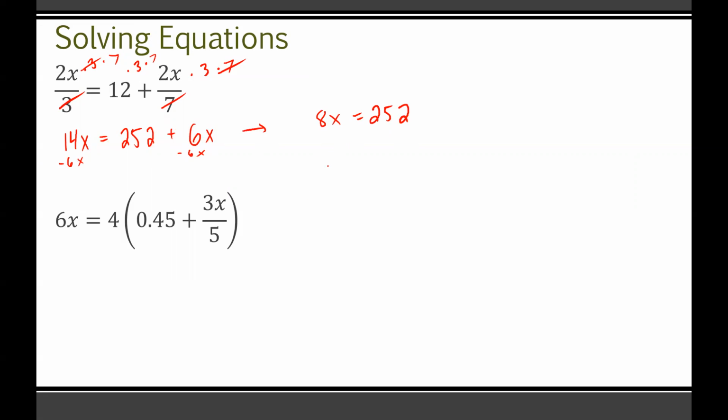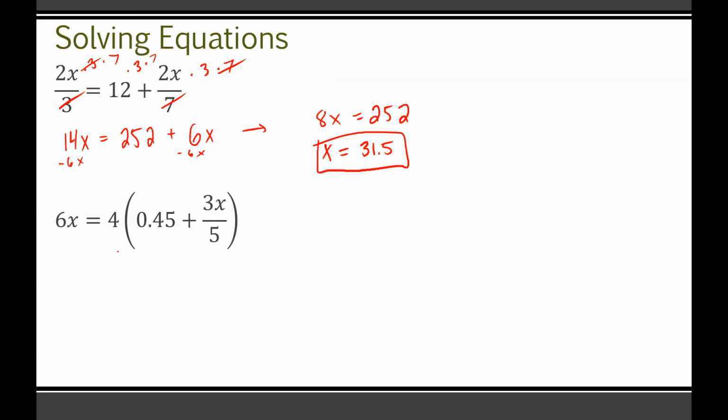You could leave your answer as a fraction if you wanted to, but because upon putting this in my calculator, it actually gave me a pretty decent number, I'm going to leave it as x equals 31.5. If that was a repeating decimal, like 31.58942, blah, blah, blah, I would have just left it as a fraction because that would just be too messy. But in this case, it worked out pretty nice, 31.5.